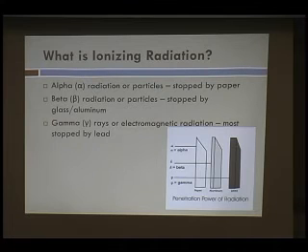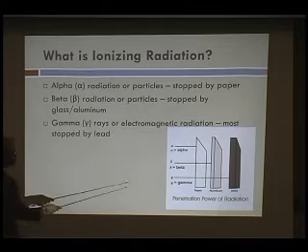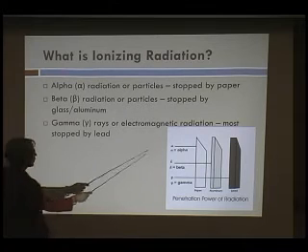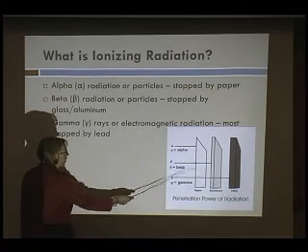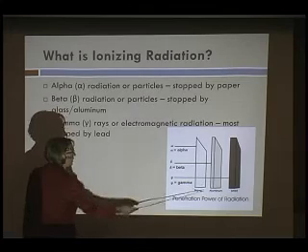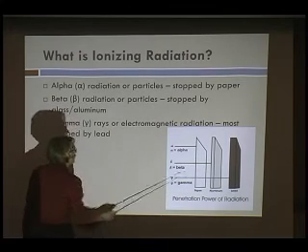The difference between that and non-ionizing radiation is that non-ionizing radiation produces energy primarily in the form that's dissipated by heat. So the primary particles that I'm going to talk about are alpha particles, beta particles, and gamma rays. And this diagram right here, hopefully people in the back can see. Alpha particles are stopped by paper, whereas beta particles are stopped by aluminum, and then lead stops most gamma rays.